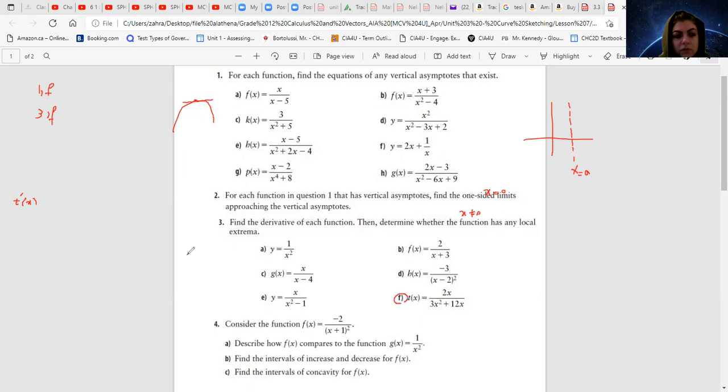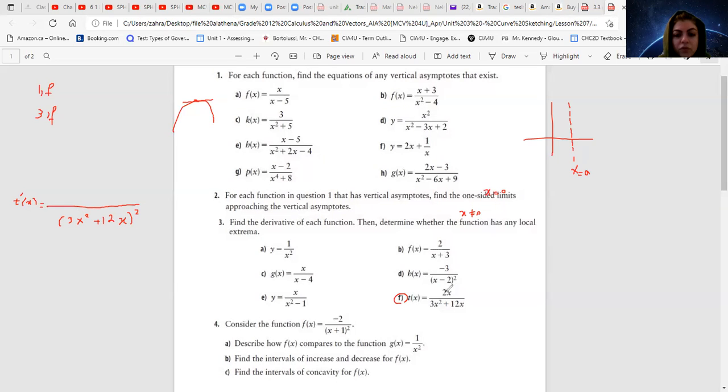So this is using the quotient rule, the denominator to the power of 2.